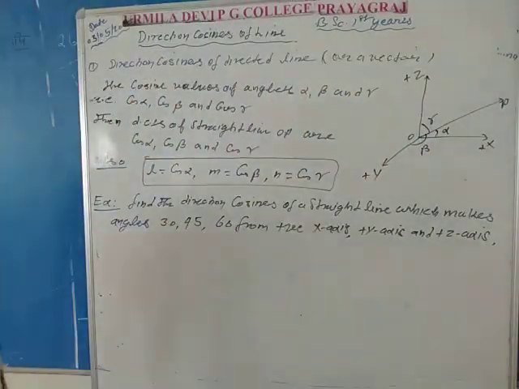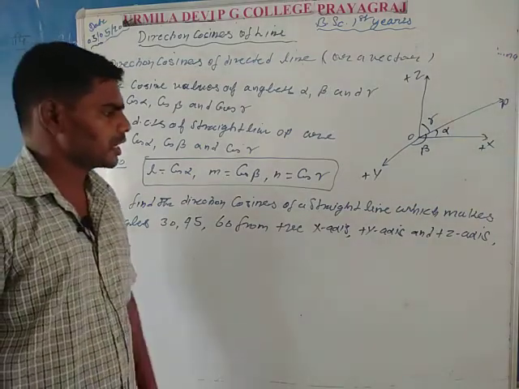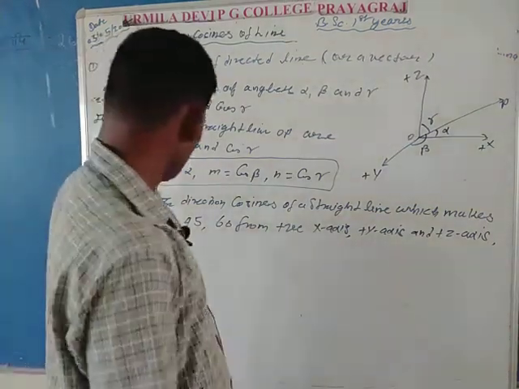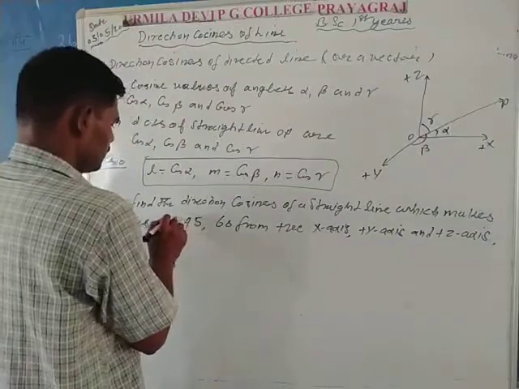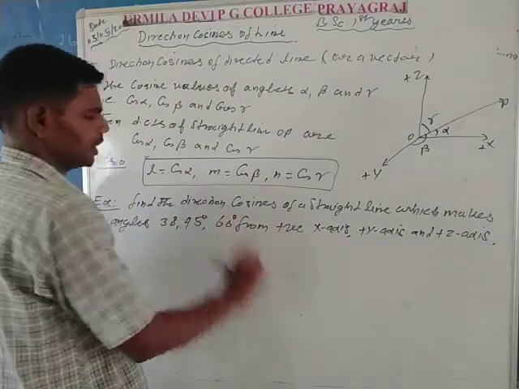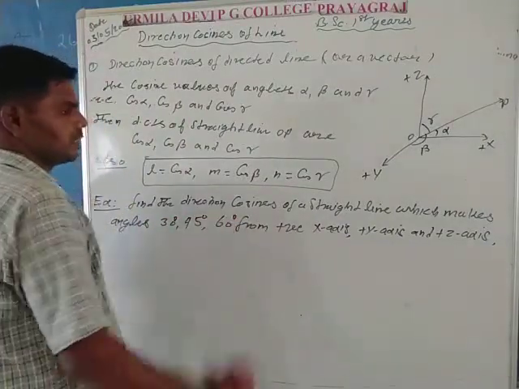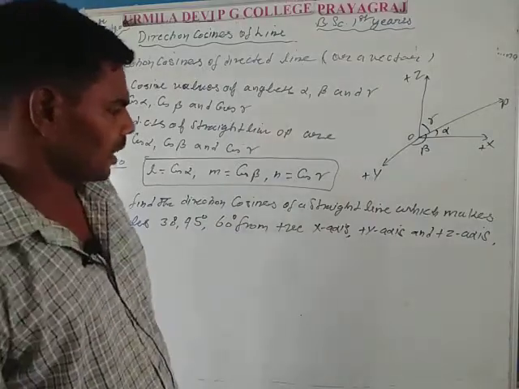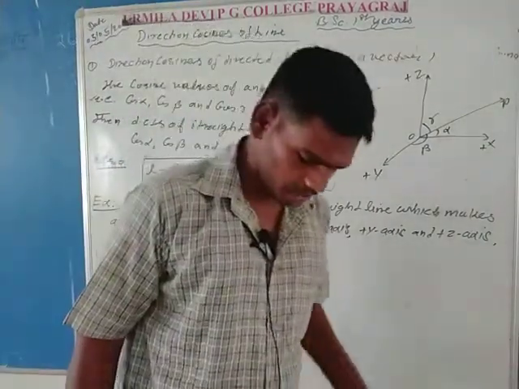In this question, we find the direction cosines of a straight line which makes angles 30 degree, 45 degree, and 60 degree with the positive x-axis, positive y-axis, and positive z-axis.